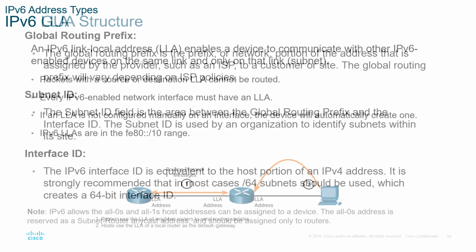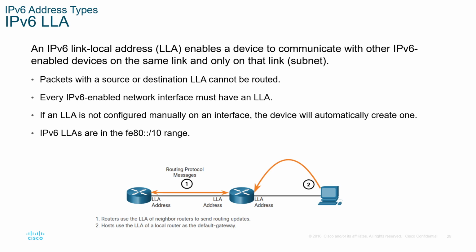We've discussed that. So packets, how do we get this LLA? With a source and destination LLA, we can't route, we can't go from one network to another. Every IPv6 enabled network interface must have an LLA. If it's not manually set, it will generate one.